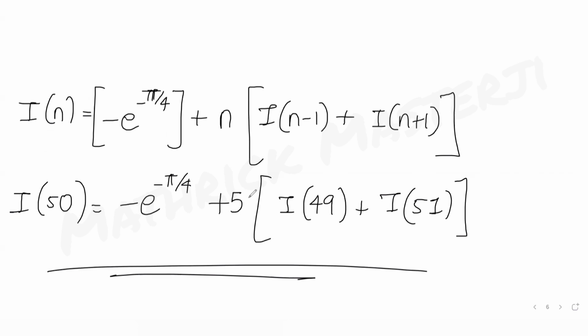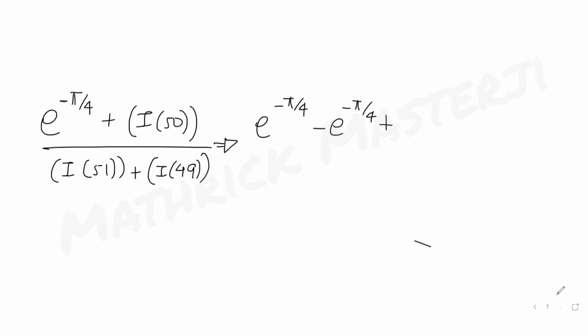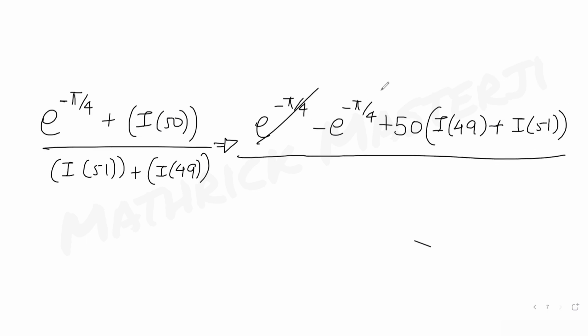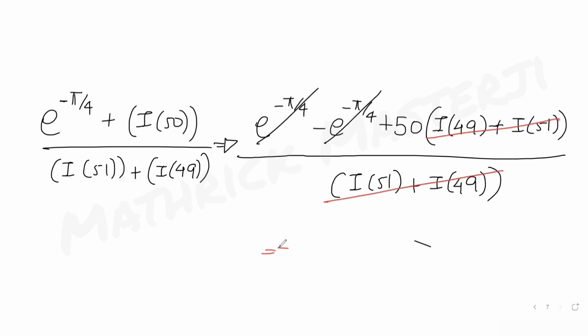So I should write that as 50 times I of 49 plus I of 51. So this and this gets cancelled and you are left with I of 51 plus I of 49. So I have 50 times that same term here, so I can cancel my term entirely, and with that I get the answer as 50.